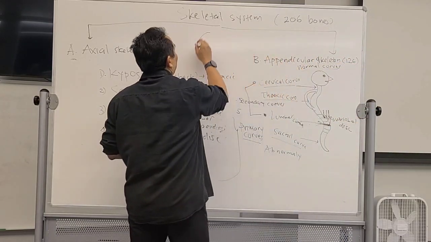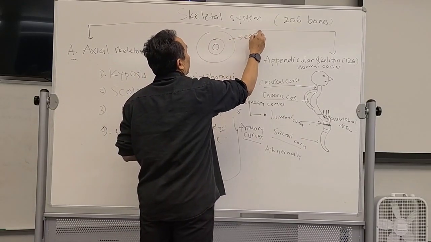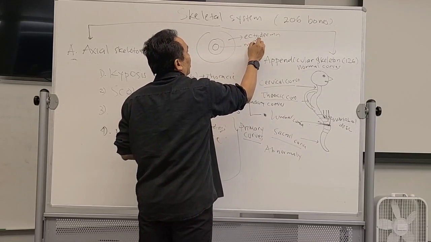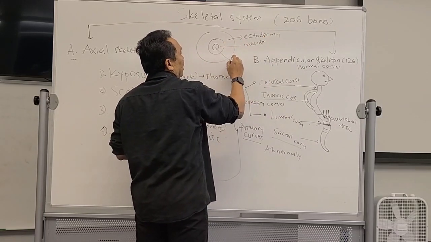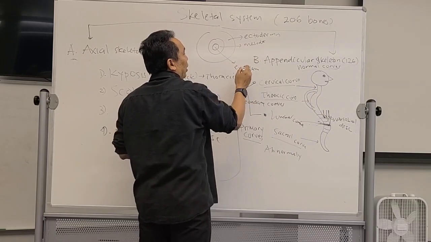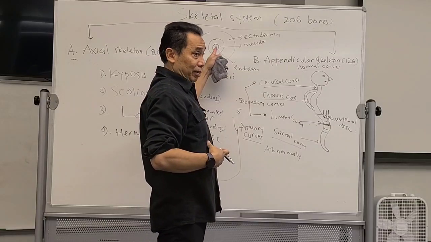Remember the 3 layers when we were still a baby, what do you call these? Ectoderm, right? The second one, mesoderm, right? The inside one is called the endoderm.